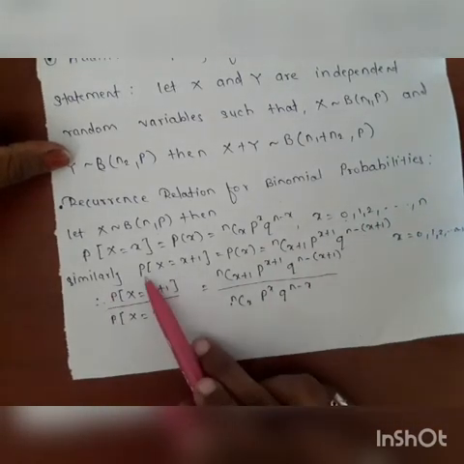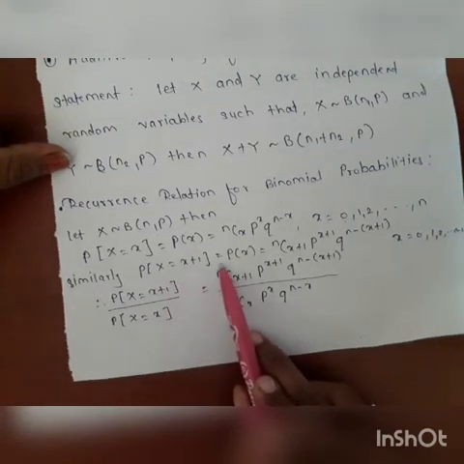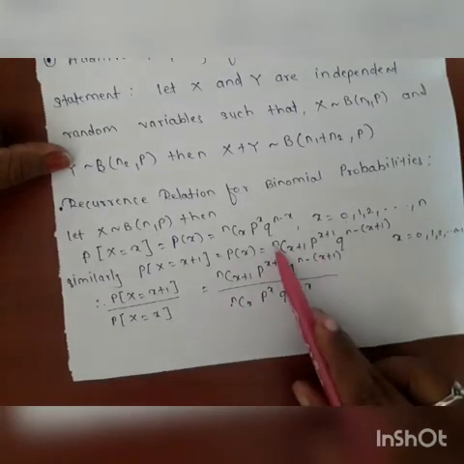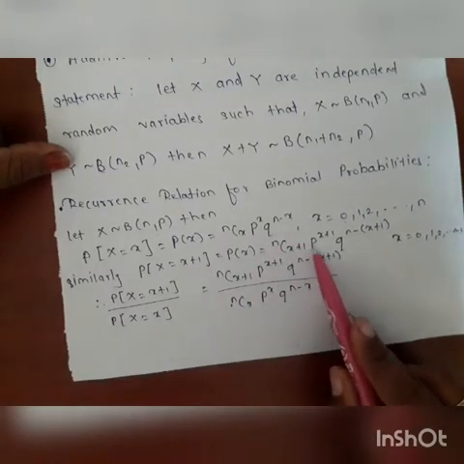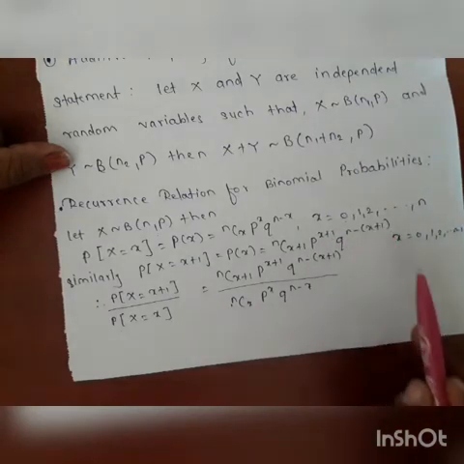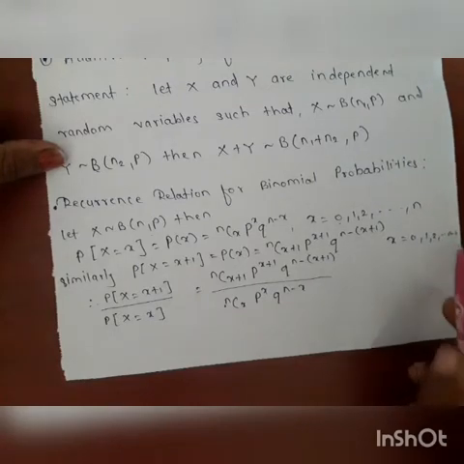Similarly, P(X equal to x plus 1) is equal to nC(x plus 1) p raised to x plus 1 q raised to n minus (x plus 1), where x is running from 0, 1, 2 up to n minus 1.